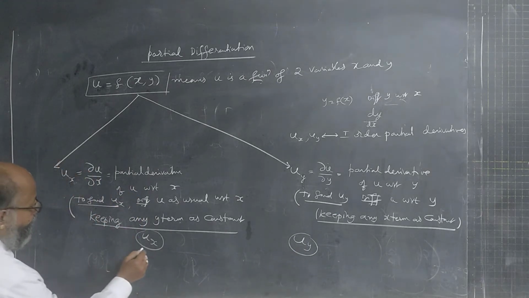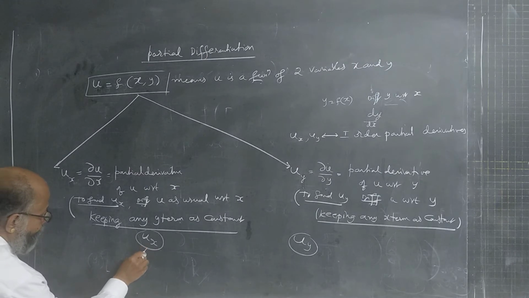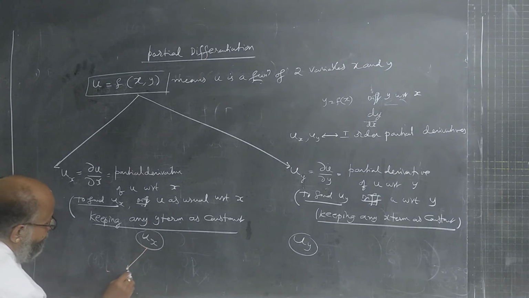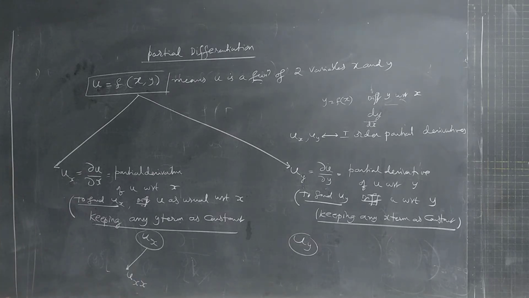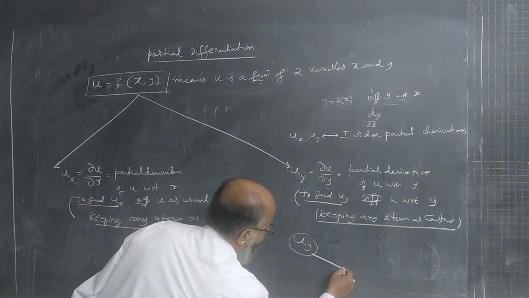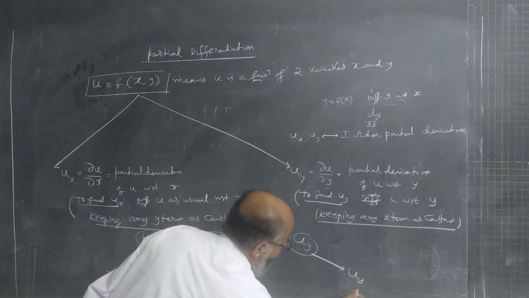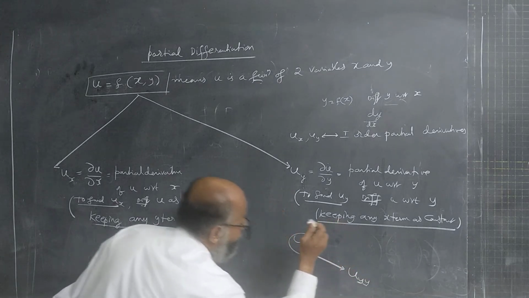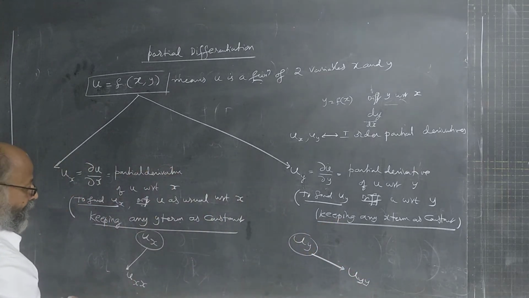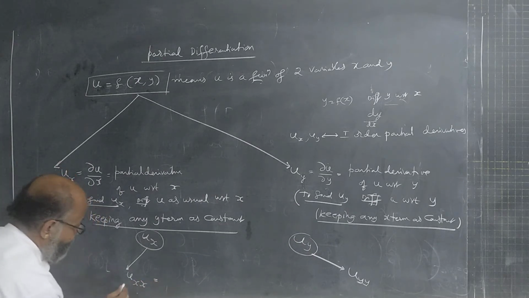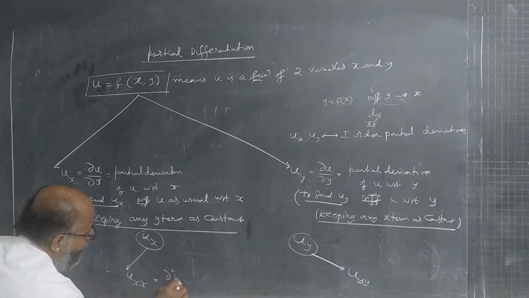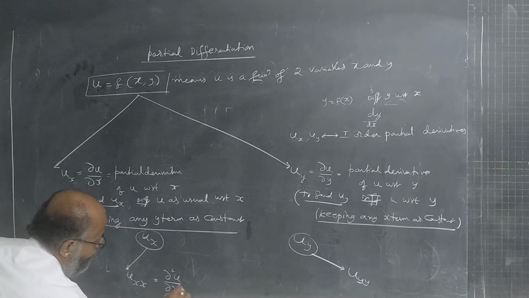For example, if you differentiate ux again partially with respect to x, you will get uxx, or u double x. Similarly, take uy and differentiate it again partially with respect to y, and you will get uyy, or u double y. Another symbol for uxx is delta square u by delta x square.